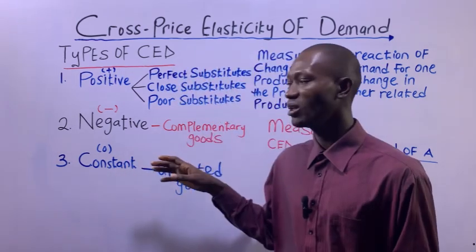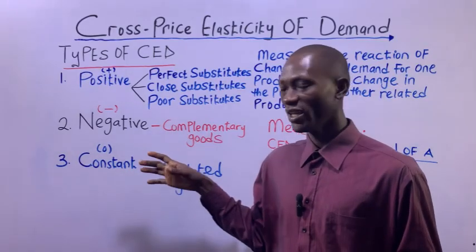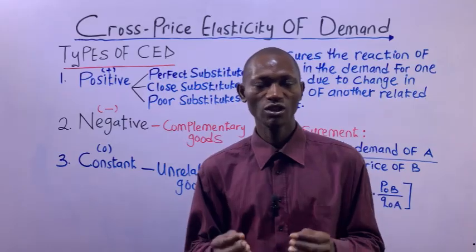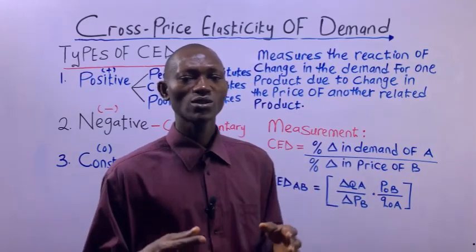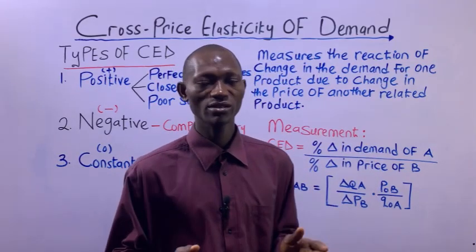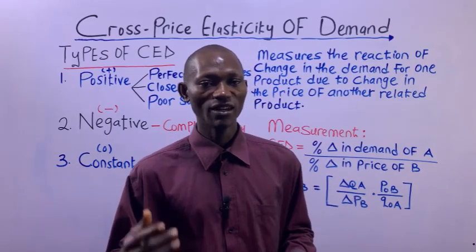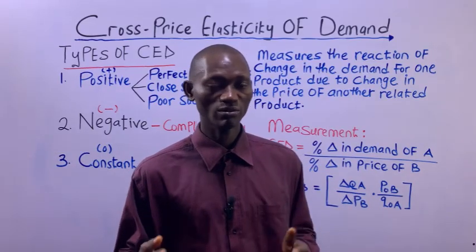Although we're going to be delving heavily into substitute and complementary goods, this is just a taste of it now. Substitute goods have a positive relationship, meaning that when the price of one changes, it affects the demand for other substitute goods.